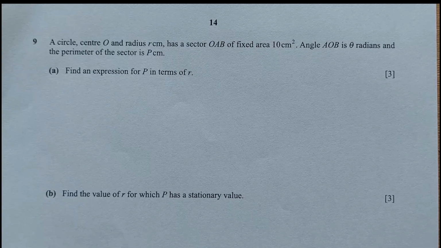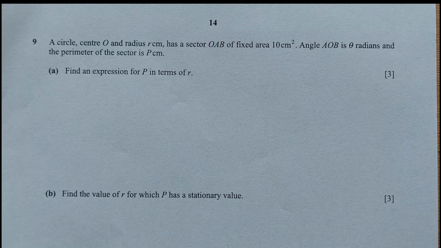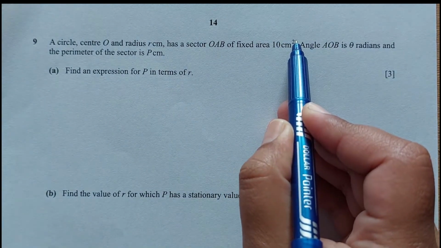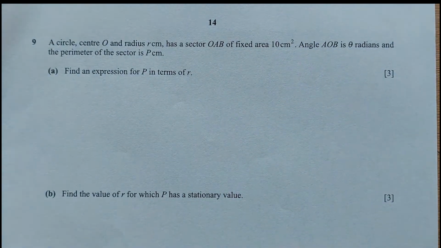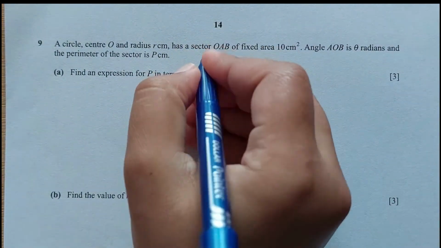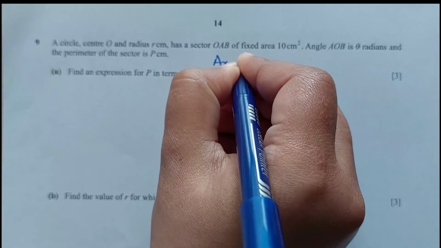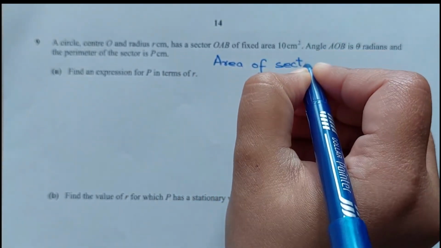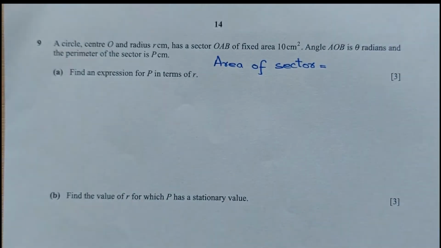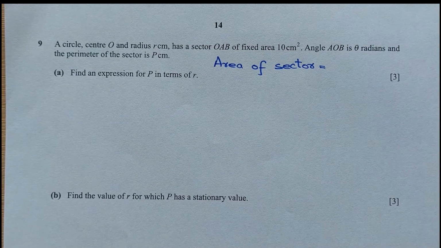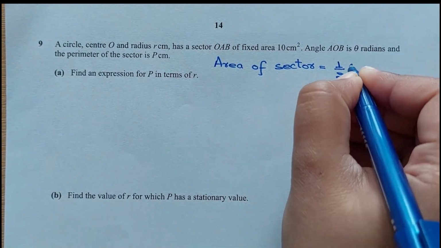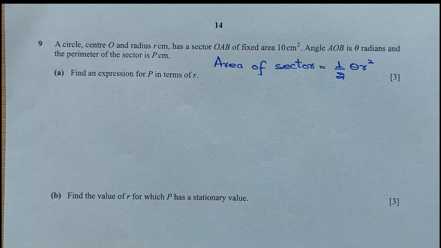Question number 9. A circle, center O and radius r centimeter, has a sector OAB of fixed area 10 centimeter square. So area of a sector is 10 centimeter square. So we know that area of a sector of a circle, when the angle is in radians, its formula is half theta times radius square, right?